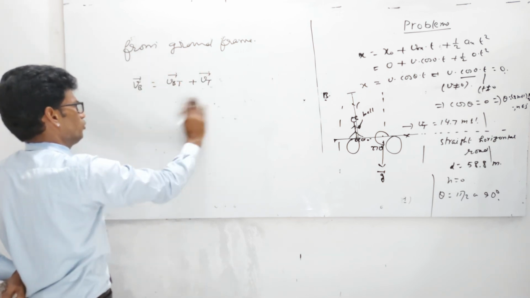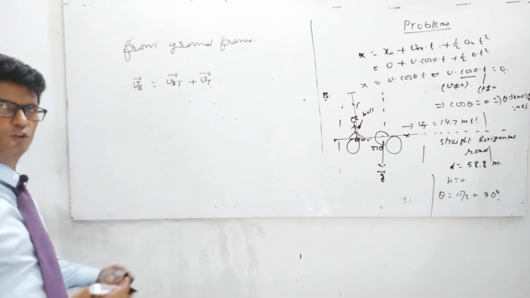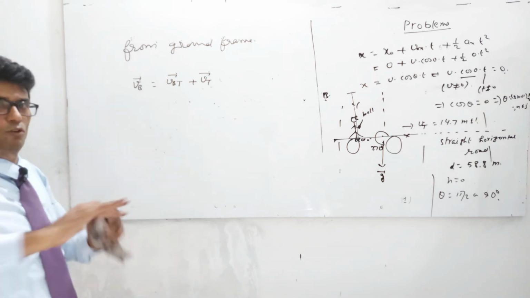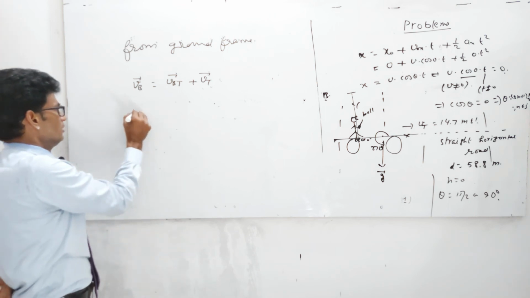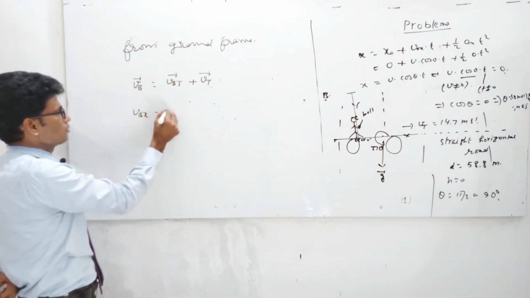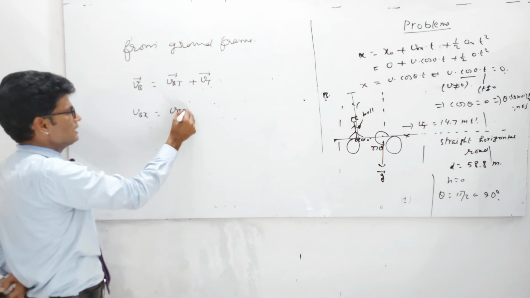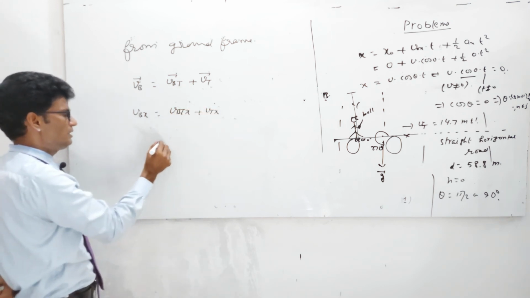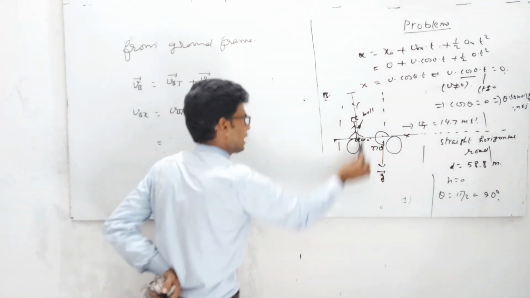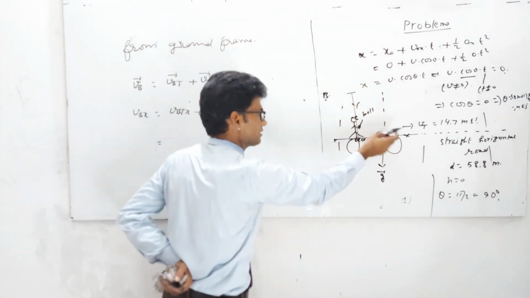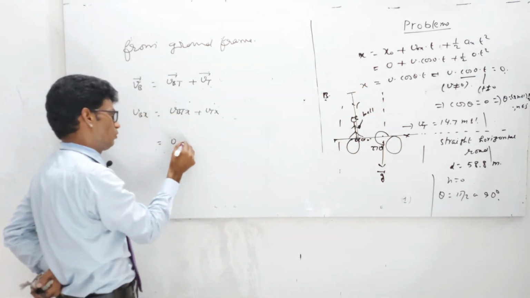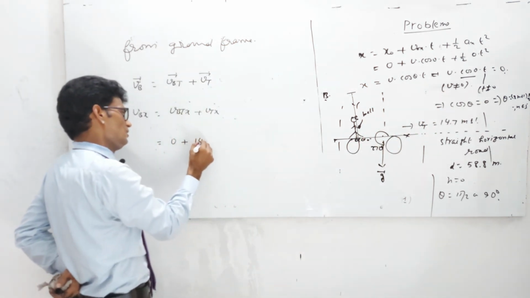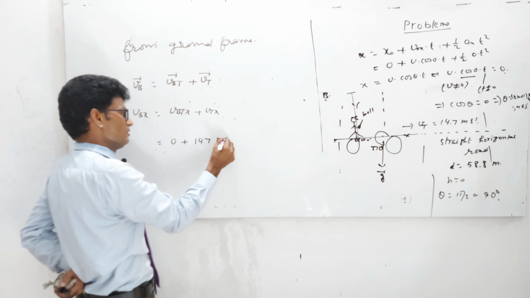Ground we generally do not write, but if we write, then no problem. So vbx comes out to be vbtx plus vtx. What is vbtx? Because it is thrown up, there is no vbtx, so this is 0. vtx is already known here, 14.7 meter per second.